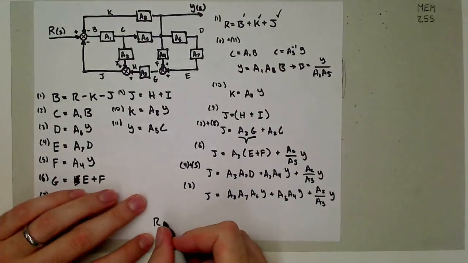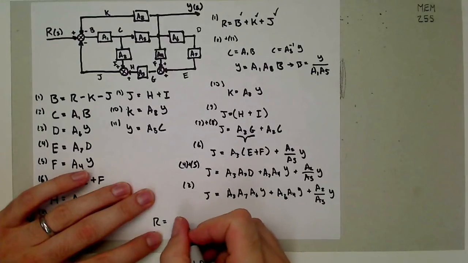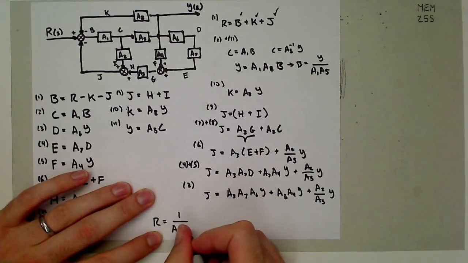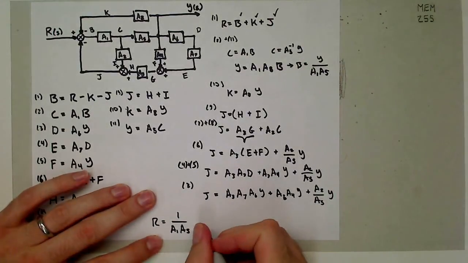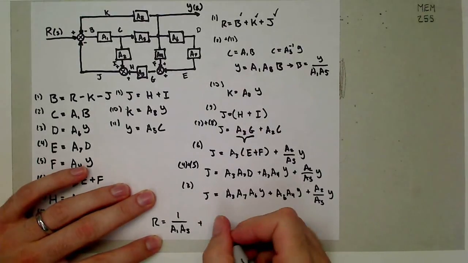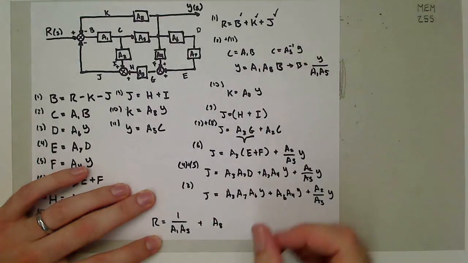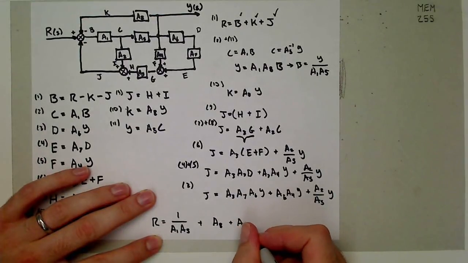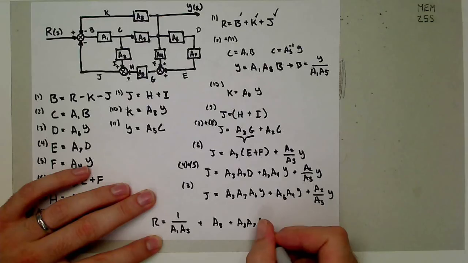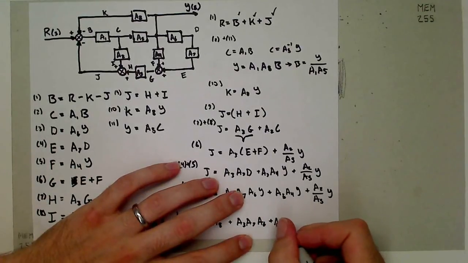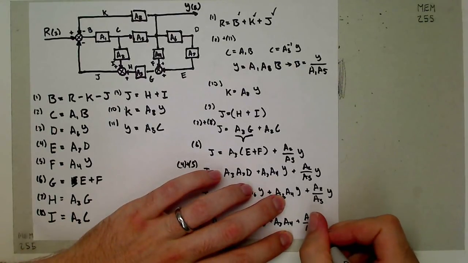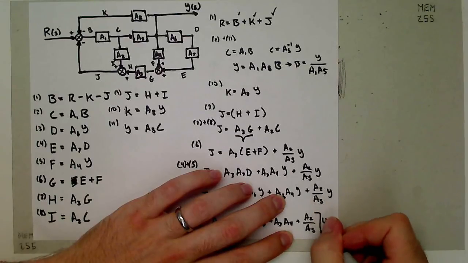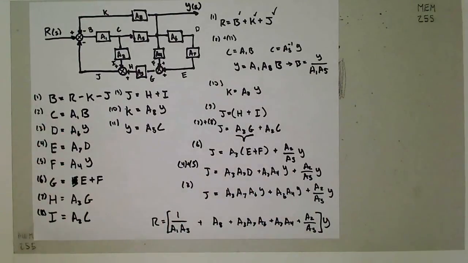R is equal to the term we have for B, which is 1 over A1 A5, and the third equation we have for K, plus A8, plus A3 A7 A6 plus A3 A4 plus A2 over A5, times Y. And there's our input-output relationship between R and Y.